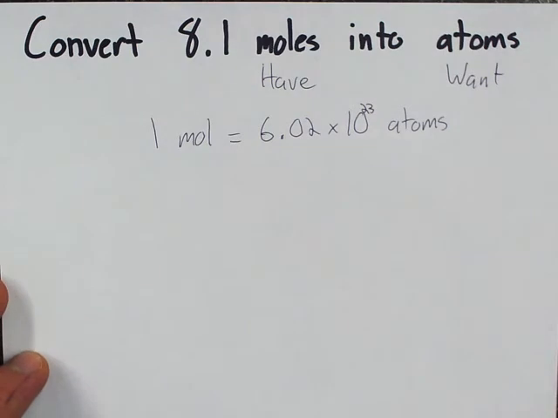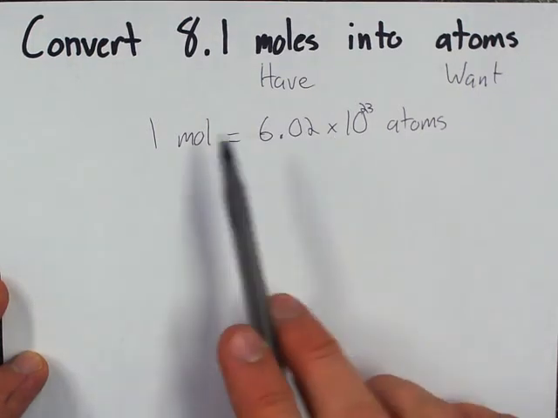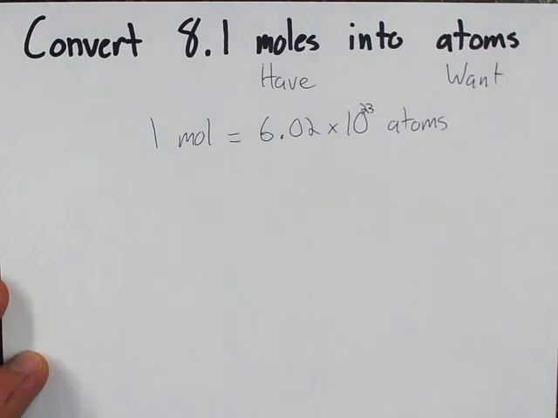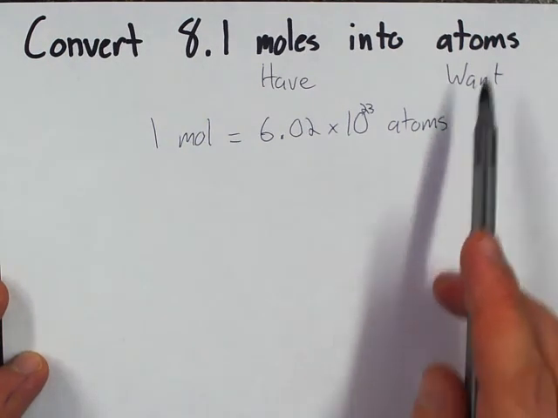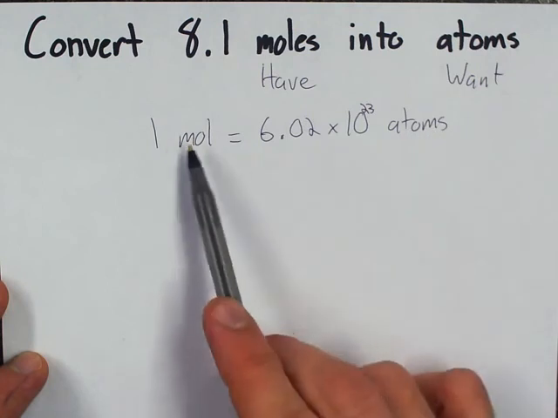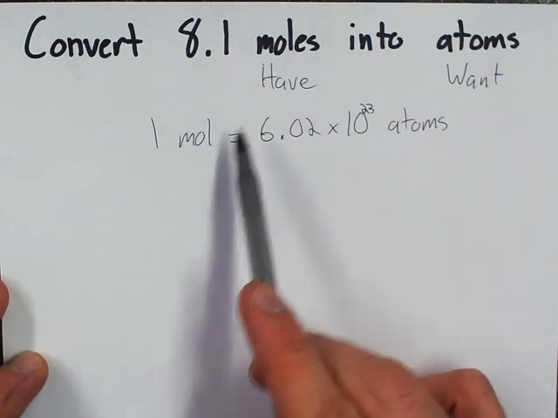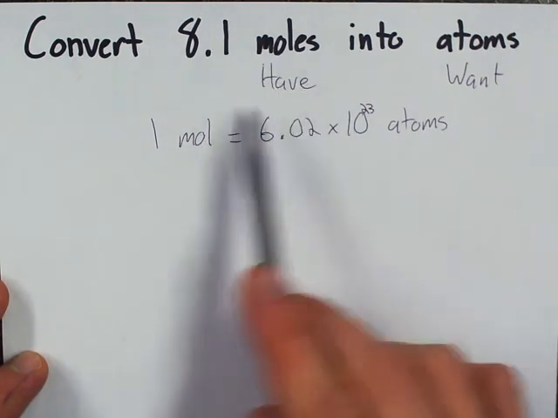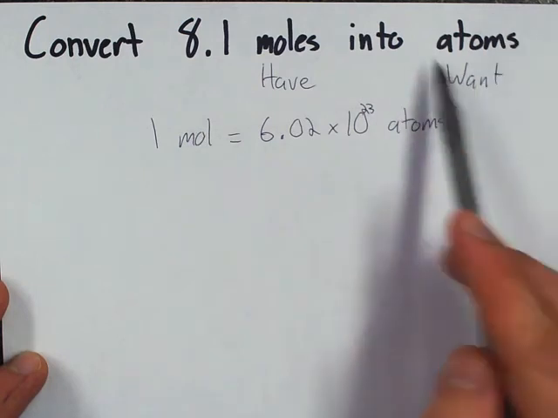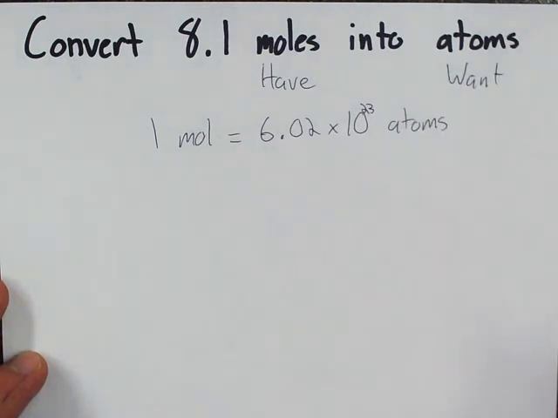The next step we need to do, we need to make a conversion factor. We need to make an equal fraction that relates one side of this equation to the other side. So our rule for doing that is to put the unit we want, which is atoms, over the unit we have, which is moles. We were given something in moles, so that's the unit we have. We want to turn it into atoms, that's the unit we want.